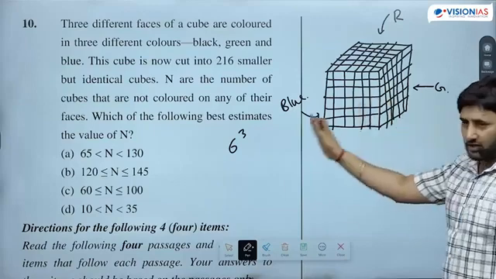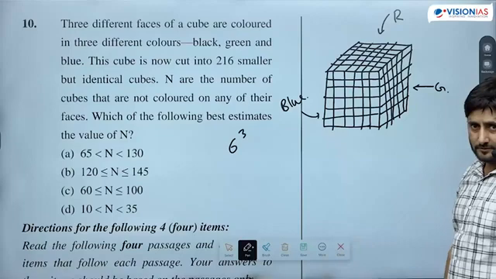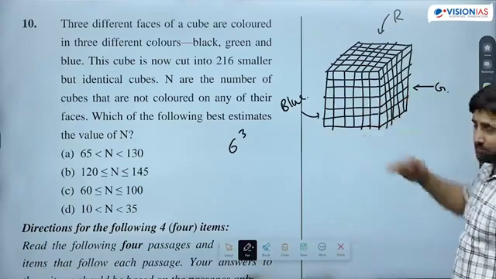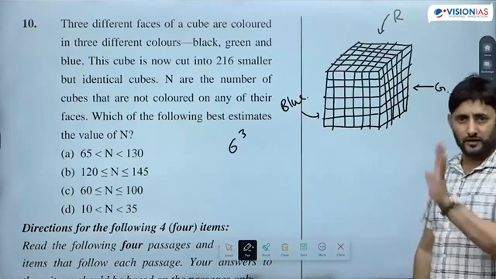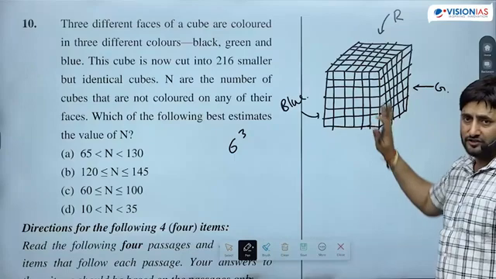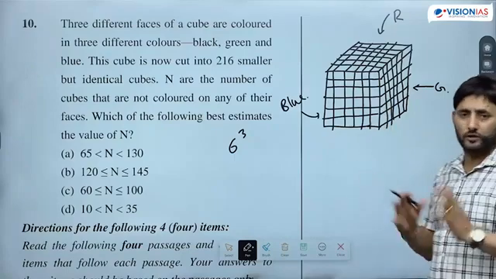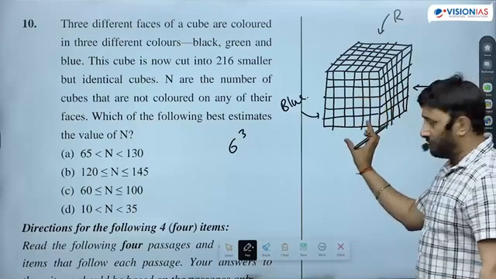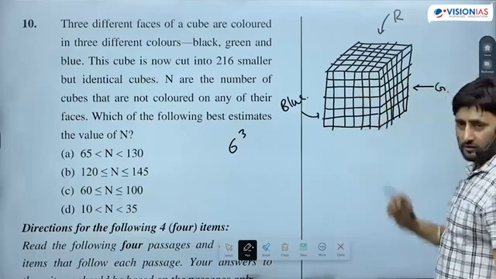How many such layers are left? 5 layers. Now in this direction also there are 6 layers. The front layer is blue color painted, so remove that too. The 3 faces which have paint, we are removing those 3 layers. So what will the height be? 5. Now length will become 5 and breadth will also become 5.